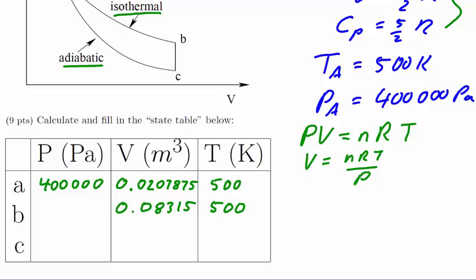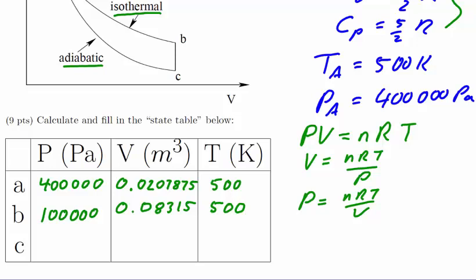Now that point B has 2 out of the 3 quantities filled in, we again turn to the ideal gas law to fill in the third quantity. Since the pressure will be nRT over the volume, we're able to plug in all of these numbers and get the result 100,000 pascals.